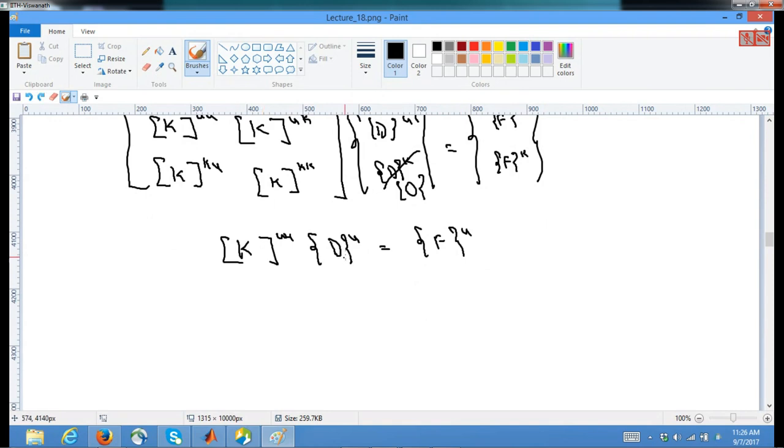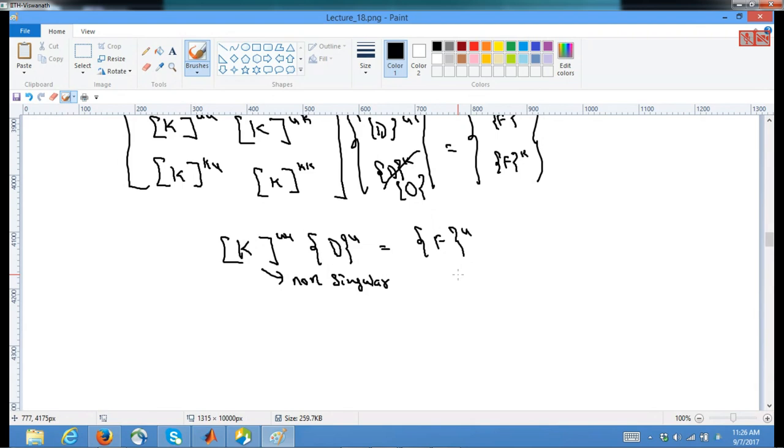Now du are the unknowns and this matrix is non-singular. When does it become non-singular? When the structure is constrained enough to arrest all the rigid body motions. As we have seen earlier, one side was the fixed end, which constrained both the rotation and the vertical displacement.